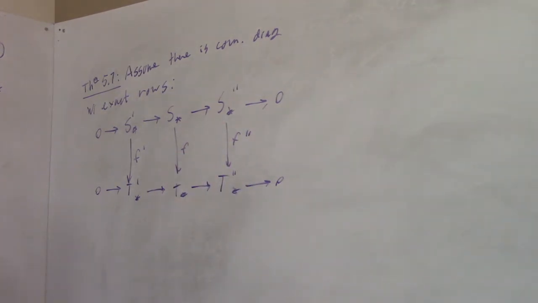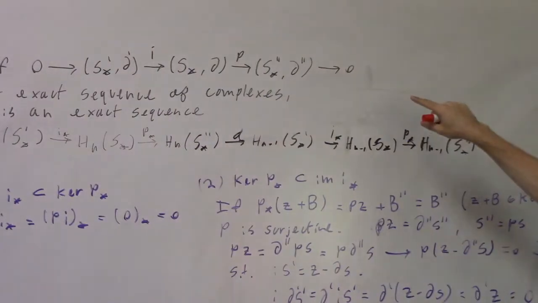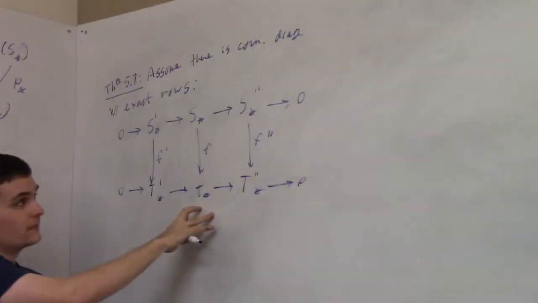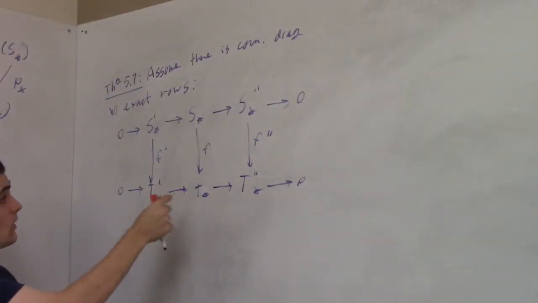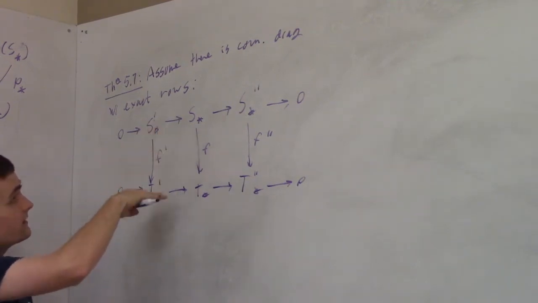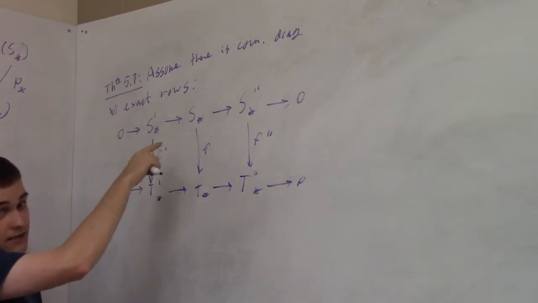Then there's a commutative diagram of abelian groups with exact rows. So again, sort of like here, we're going from an exact sequence of complexes to an exact sequence. Here we're going from, well, this is essentially a chain map from these two exact sequences of complexes.